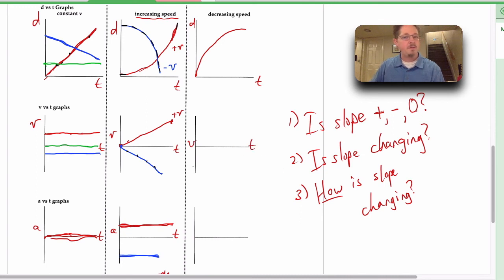So slope positive, negative, or zero, generally positive. Constant or changing, changing.